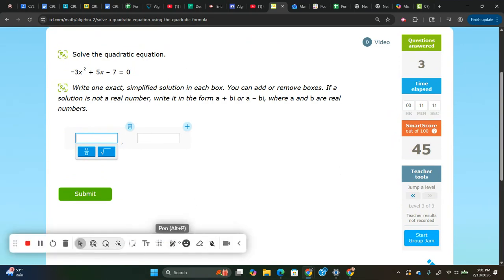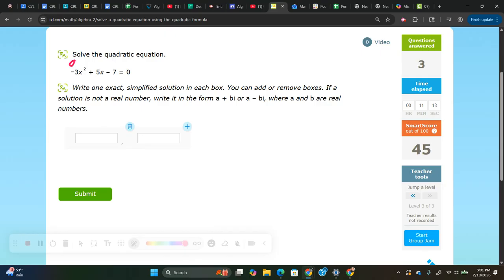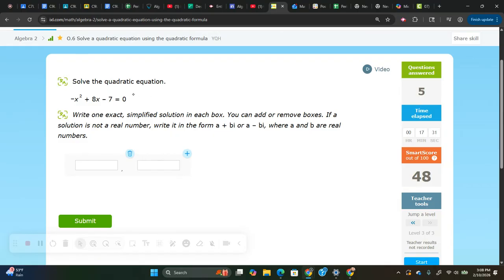Okay, here we go. So a, b, and c. A is negative 1, b is number 8, and c is negative 7.